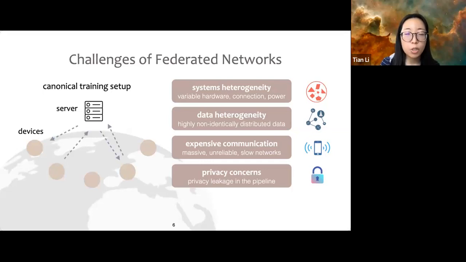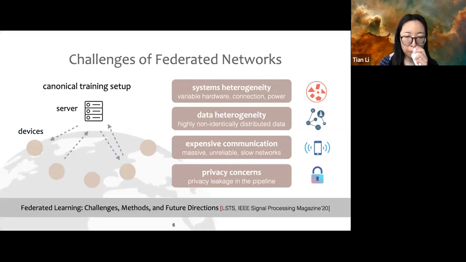It never transmits the raw data between the devices or from the devices to the server, but it is not inherently secure or private. Usually we need additional mechanisms on top of it to guarantee specific notions of privacy or security. We also discuss some of the challenges and recent methods in the survey article.